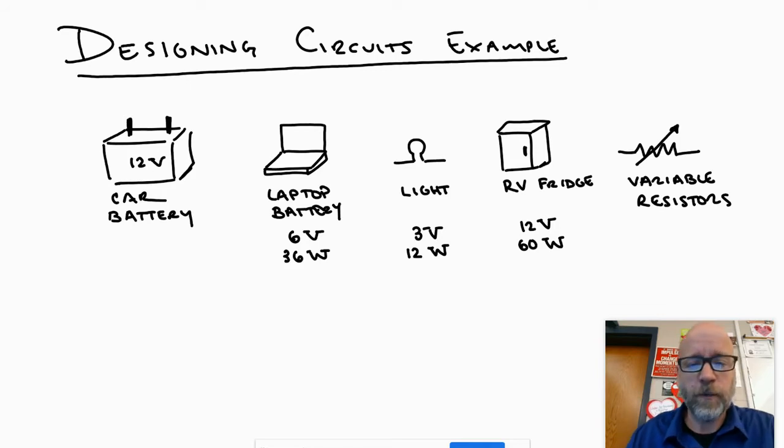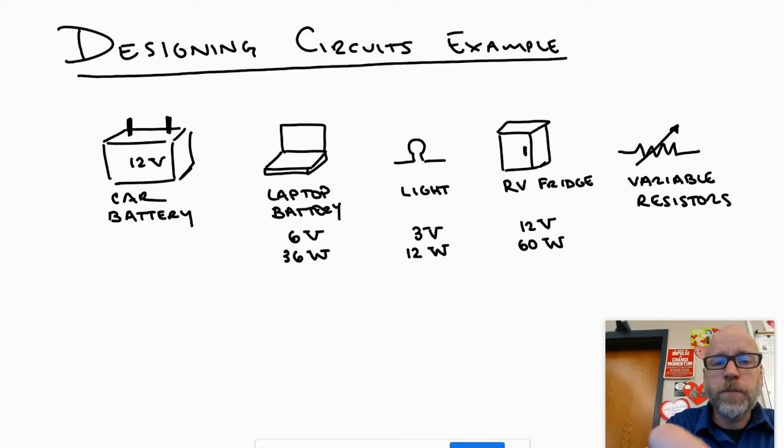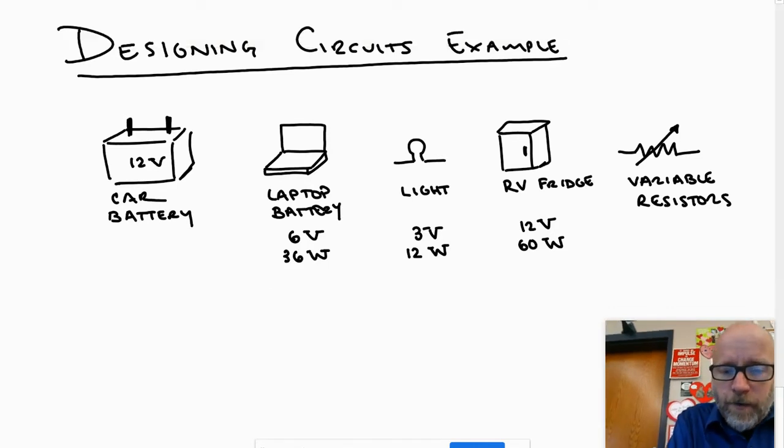All right, let's look. I know that I need some sort of circuit. Where could I start? I think before I can do too much, I need to find out how much current each device will draw. And I can do that using P equals IV.